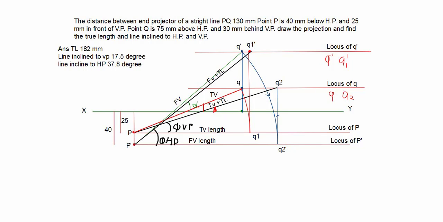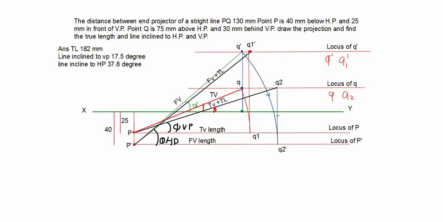So again I am going to repeat here fast. First you mark your given point P. From this point you take the end projector distance 130 mm. Then you mark your projection of point Q. First you join your PQ, that is actual top view inclined to XY line, that is angle beta.